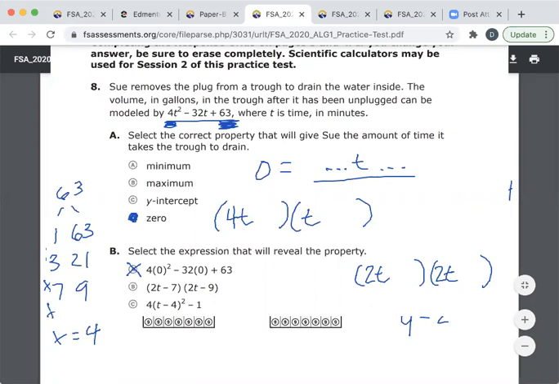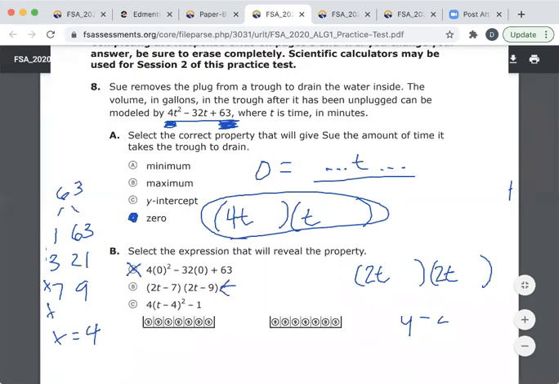I'm not even going to bother with the 4t times t option because that's not in the answers, right? We don't have 4t times t in the answers, but we do have 2t times 2t right here, okay?